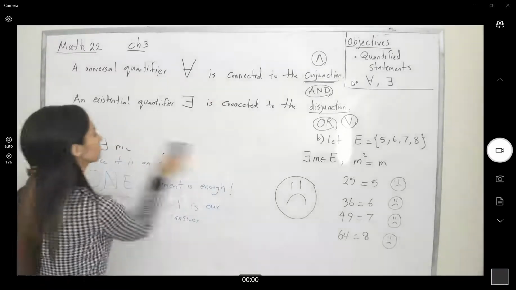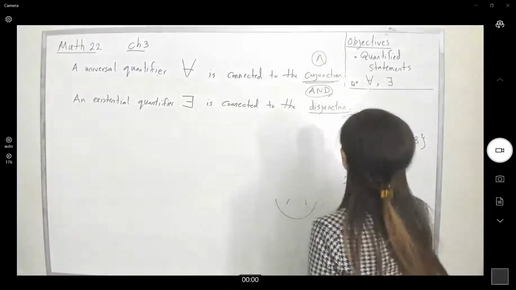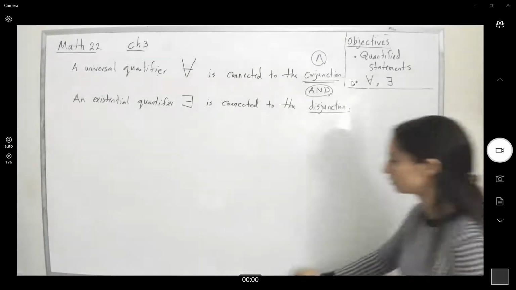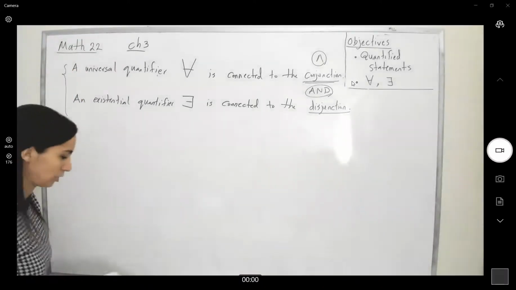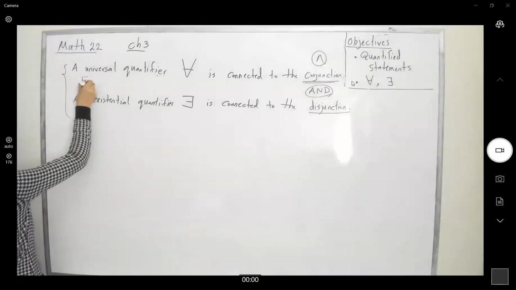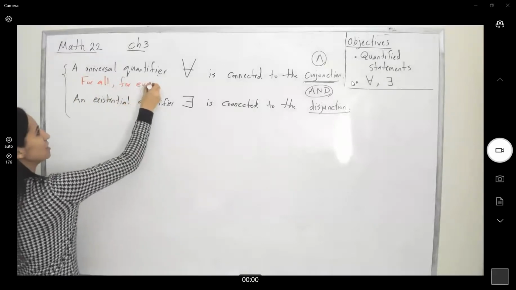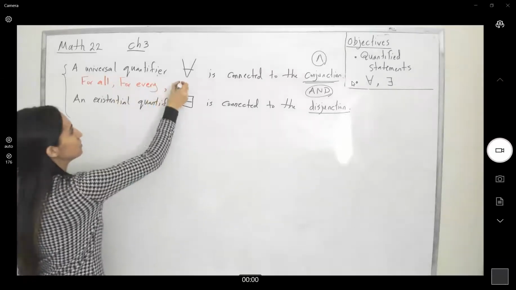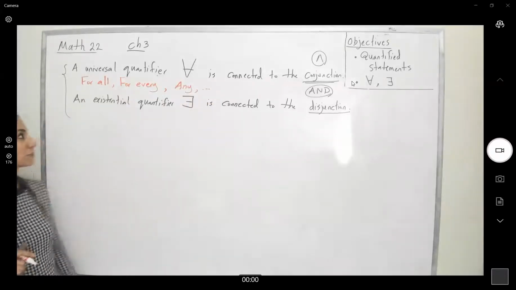So in general, to translate a universal quantifier, the wording that we use is for all, for every, any. It includes everything.